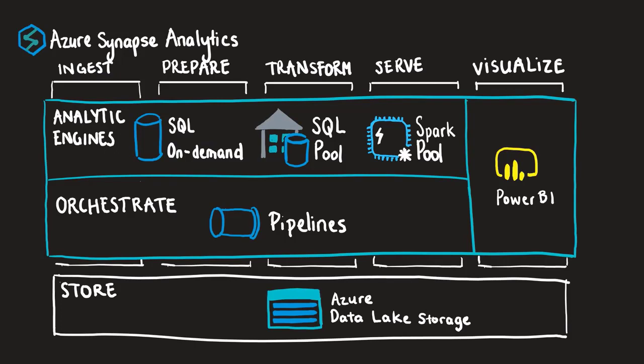And that would mean, of course, in the beginning, having the data lake storage linked up to everything, then having the pipelines for orchestration, and then having not just the SQL on demand, but also the SQL pools and the Spark pools for different purposes. And the thing is that you might even have different teams that work on the different tools in Azure Synapse Analytics.